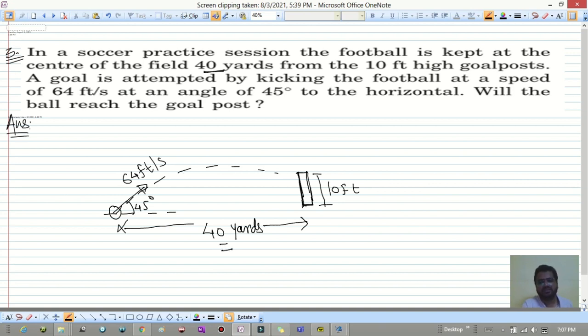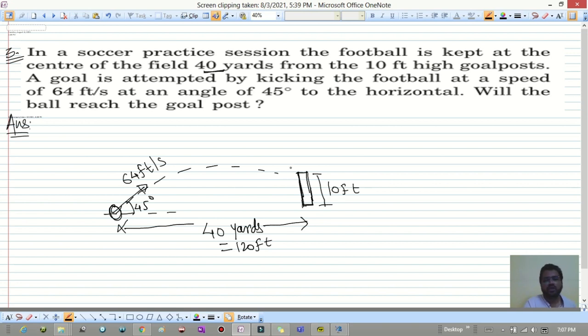So it is 3 times, we can say. It is 120 feet. This is what we can say the minimum range this ball should have, right? Okay, no problem. Now we have to calculate whether this ball reaches this goalpost.